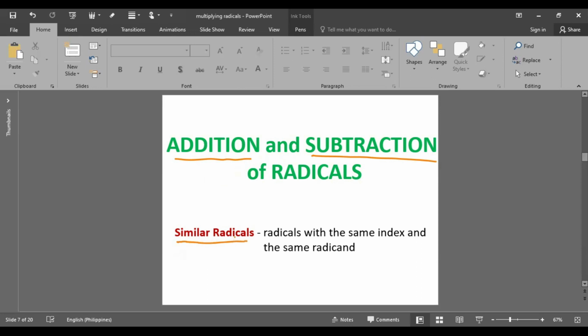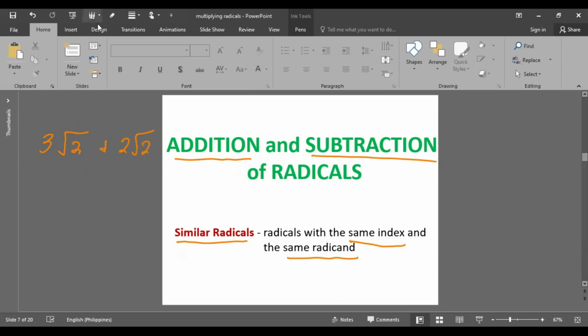And when we say similar radicals, they have the same index and, at the same time, the same radicand. So examples of similar radicals: 3 the square root of 2, and 2 the square root of 2.